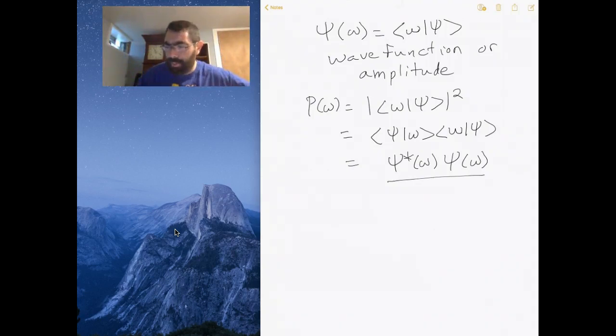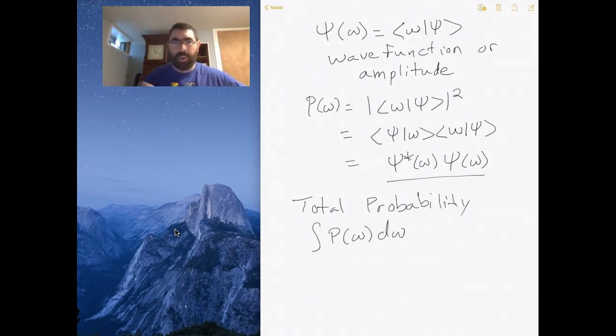So the total probability is the integral of the probability density over whatever variable it is, whether it be space or momentum.